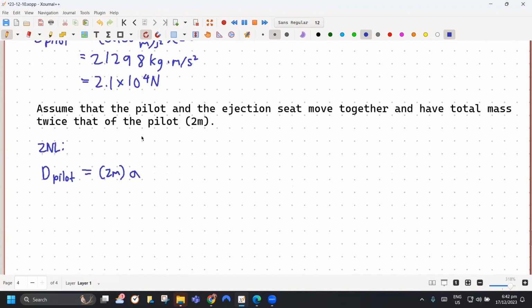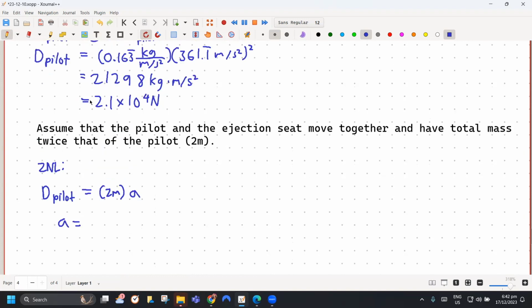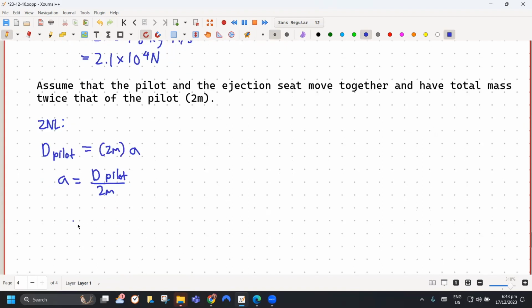Okay, so isolate A. Wow, big brain. Okay, next line. So A is equal to, what do you get?